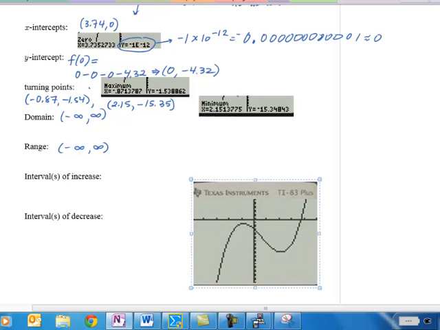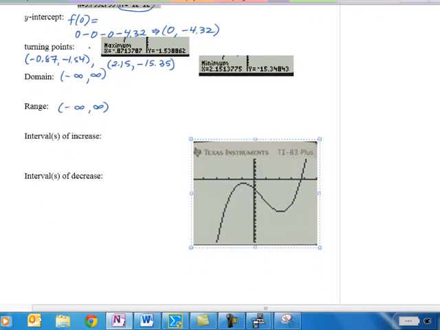Okay, so we found these turning points to be, this one down here was 2.15, negative 15.35, and this one up here is negative 0.87, negative 1.54.